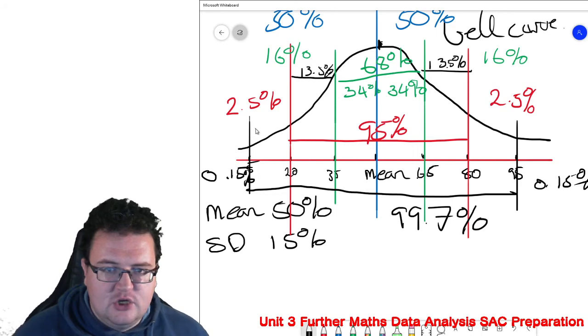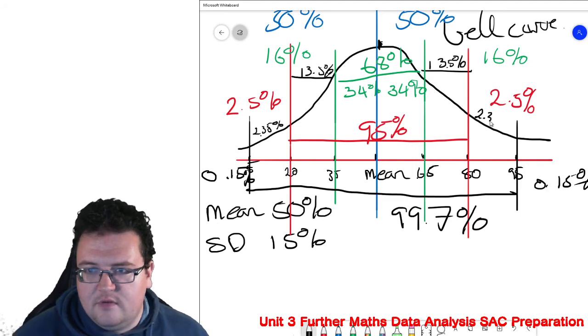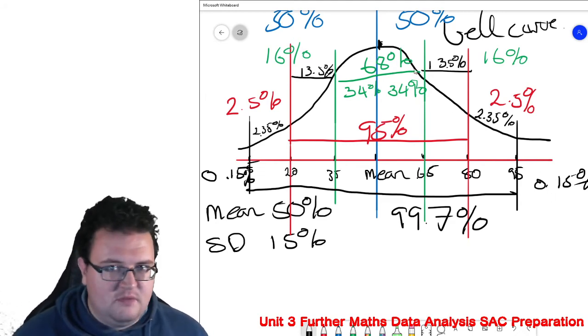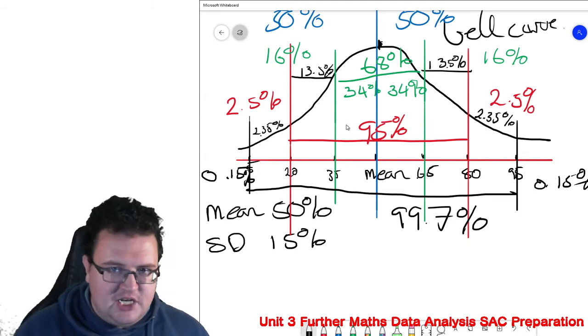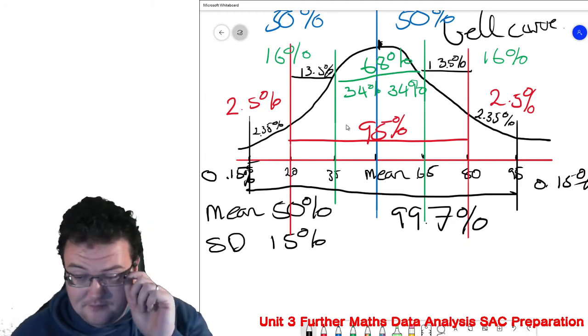So that's going to be 2.35. Therefore, over here should also be 2.35%. So if I add up all the percentages, I should get back to my 50 somehow. All right.